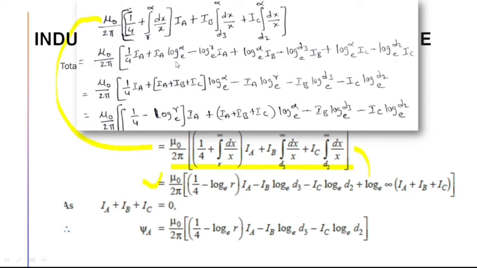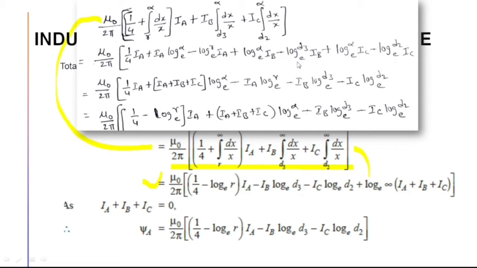IA log infinity base e minus log R base e IA, plus the same applied to this expression also: integral of 1 by x dx with limits D3 to infinity, that is log infinity base e IB minus log D3 base e IB, and the same for the third one, plus log infinity base e IC minus log D2 base e IC.